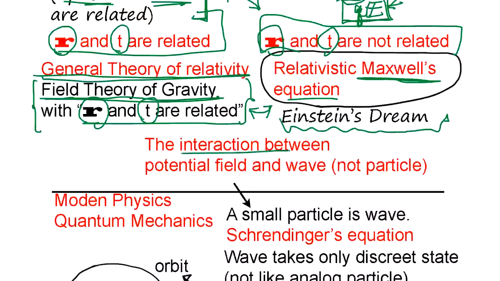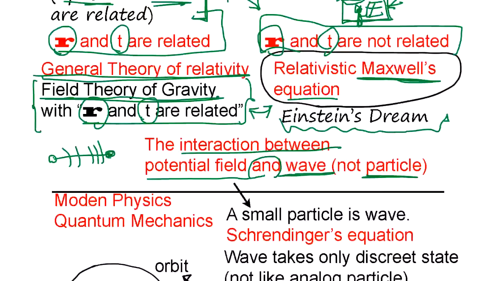So interaction happens through the potential field, and the problem is that it's a wave, not a particle, because when a particle gets small, it becomes a wave. So we talk about mass to mass. This mass creates a field, and that will interact with this mass, and force is generated.